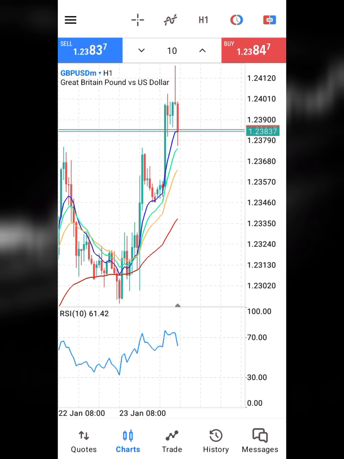The RSI is showing a bearish direction, while the moving average up here is showing an uptrend. So there's a divergence there, which is showing that the market is most likely to go in a downwards direction.